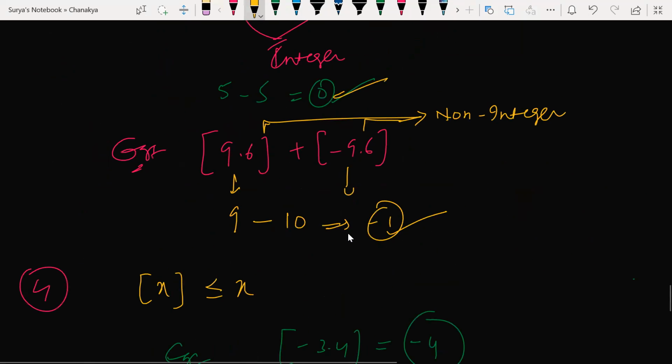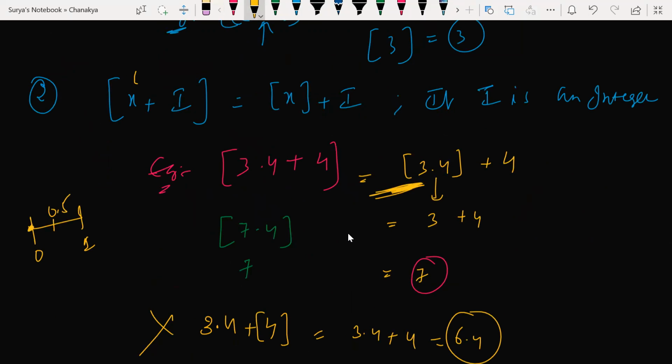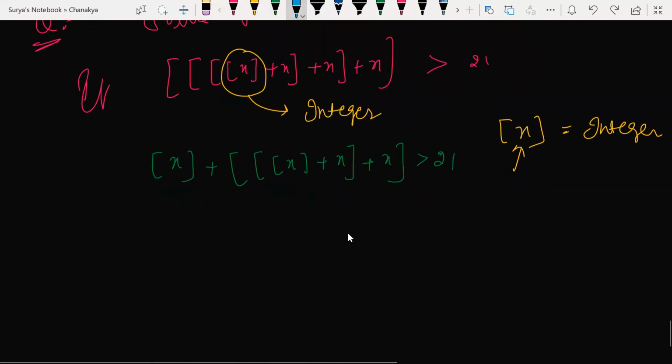As per this property, x plus I can be written as step x plus I. I can take the integer outside. Similarly, what I'm doing here, I'm taking it outside, and after taking outside, you will be left with this one here.